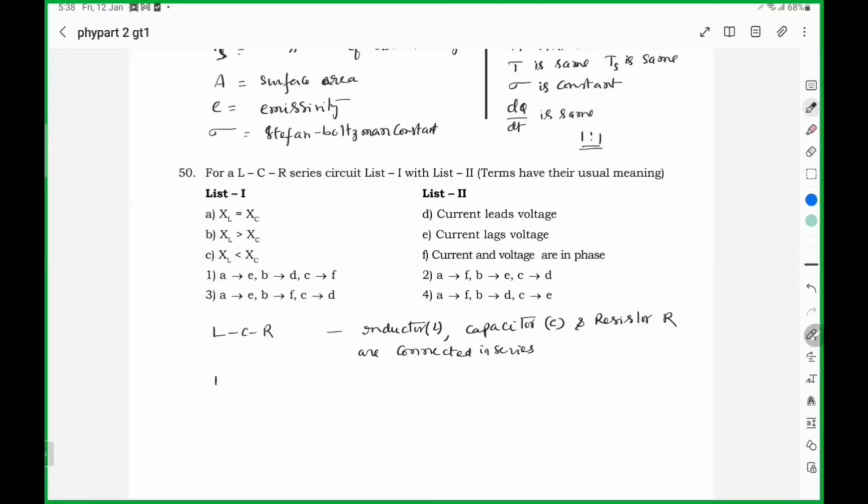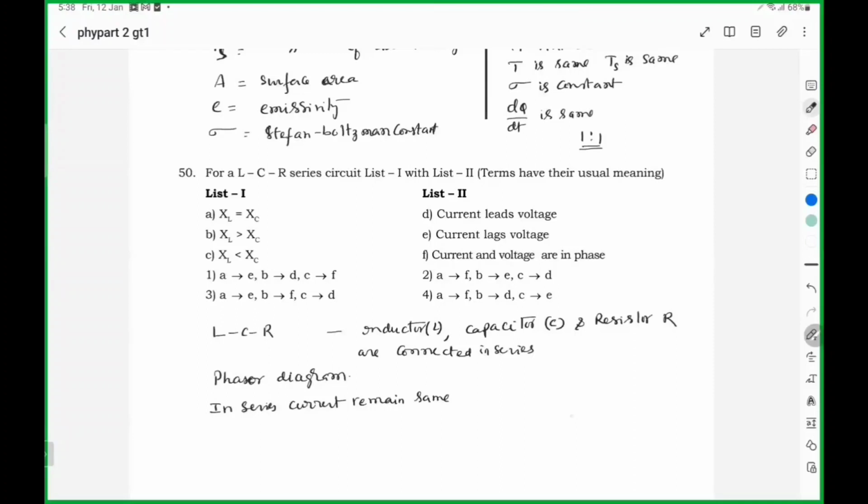So here it is. By drawing phasor diagram where current leads or lags, we can explain. In series, current remains same throughout the circuit.